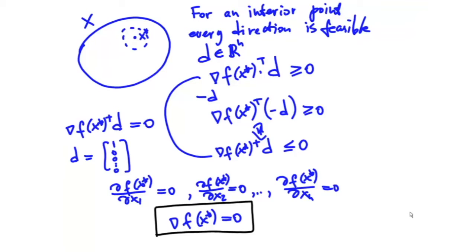This is the property of an interior point, and because every direction is feasible at the interior point, we have this corollary: if x star is a point of local minimum and x star is an interior point of the set X, then the gradient of f at x star must be equal to 0. This is the first order necessary condition that we'll use quite often.